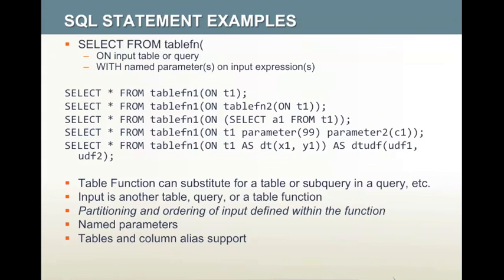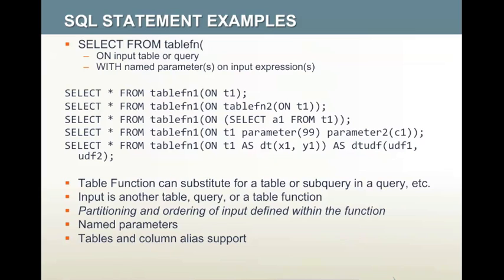Here are some examples of using table functions in SQL with PADB 3.0. In the first example, the table T1 is an input to table function 1. In the second example, T1 is an input to table function 2, and the output of table function 2 is an input to table function 1.